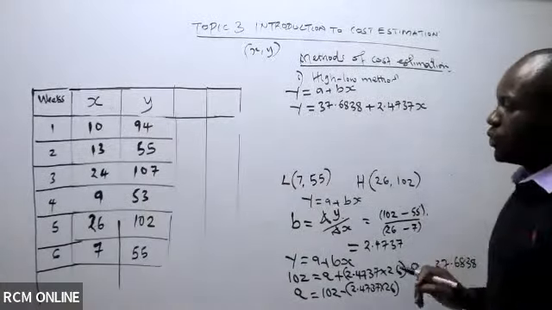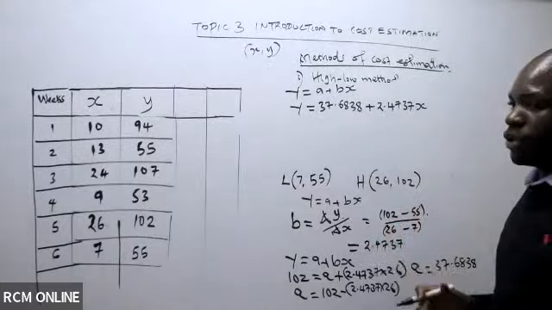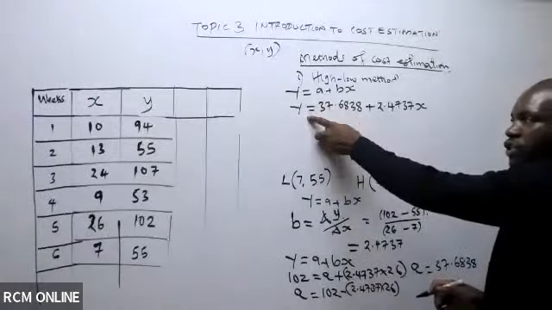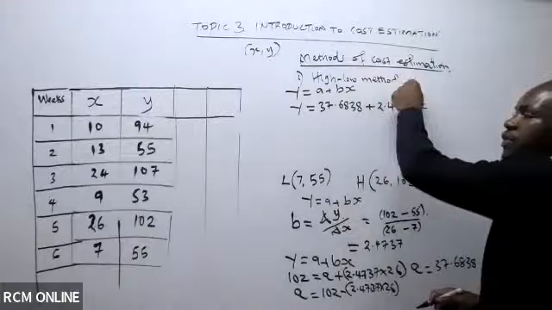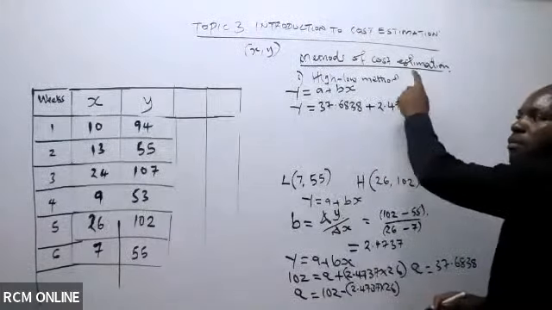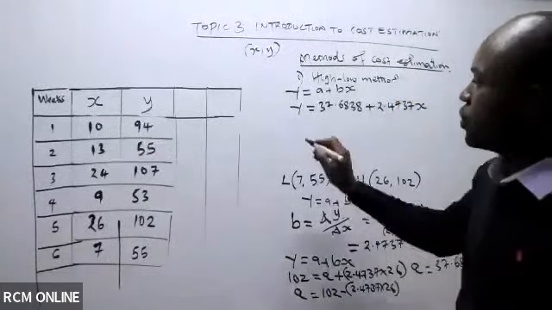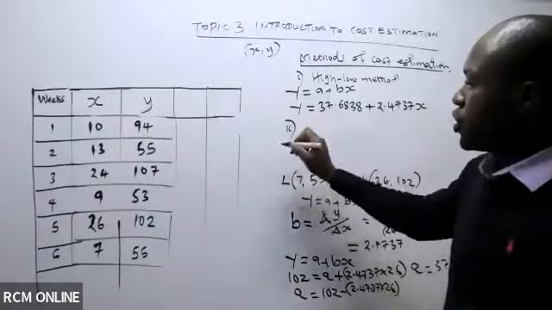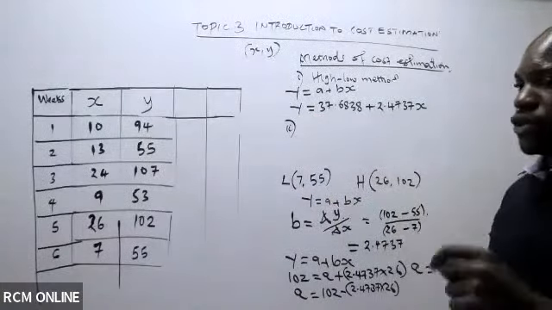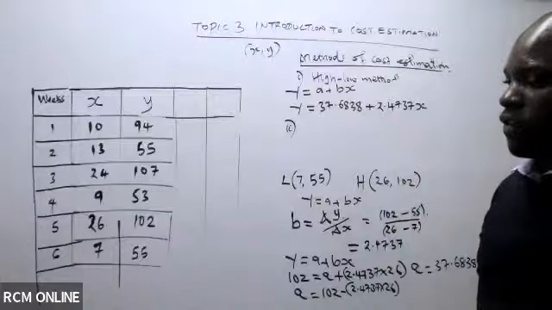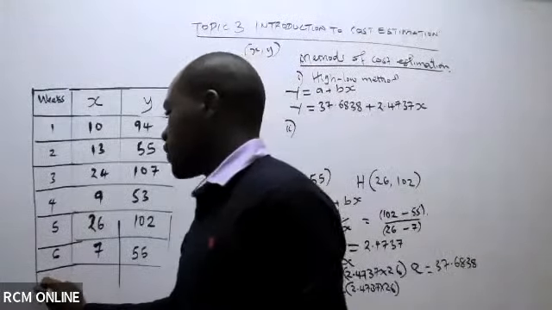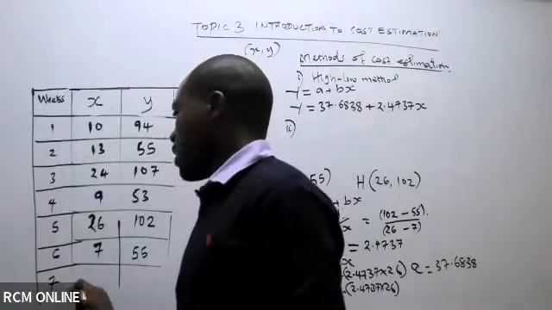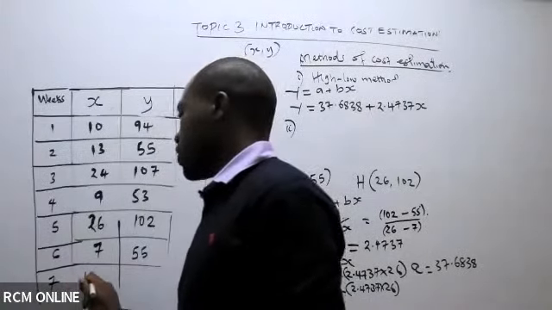So the first part will be told to give us the cost function in the form of y equal to a plus bx using the high-low method. That is Roman 1. Roman 2, you'll be told to give us total production cost, given that the estimated units in week 7 are 15.